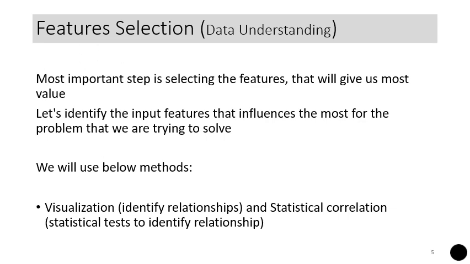Continuing our data understanding step, we'll understand the data provided and select the features for our model that can give us the most value. We'll use visualization to understand the relationship between the features and target, and a statistical correlation value to select a feature.